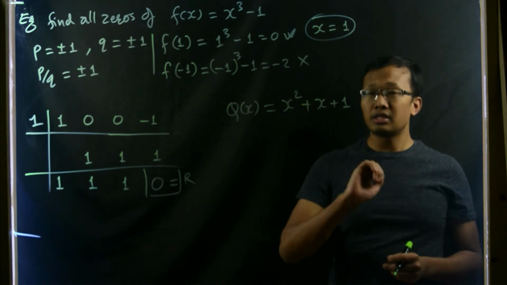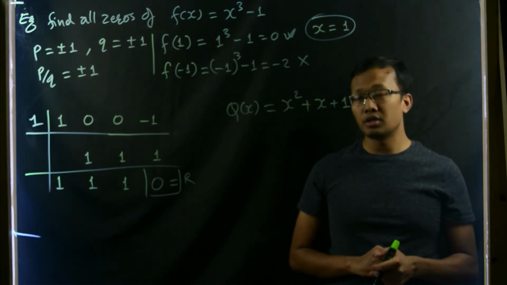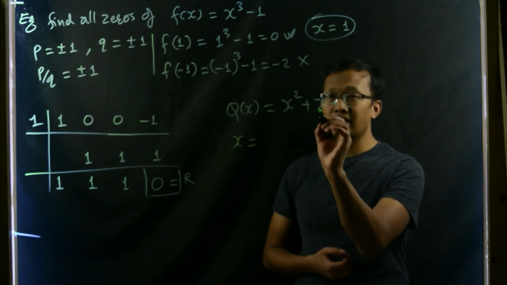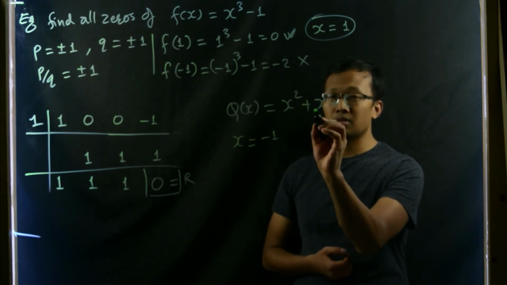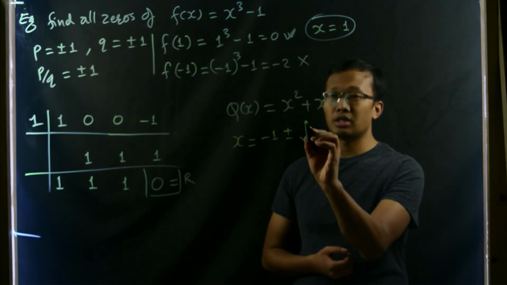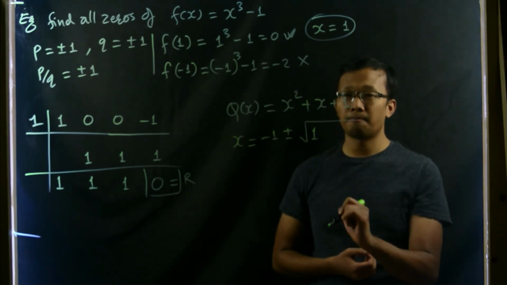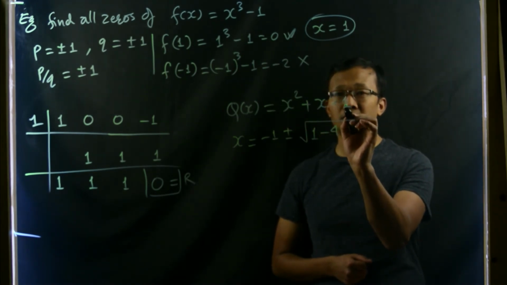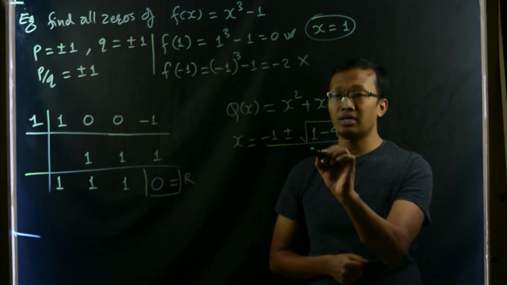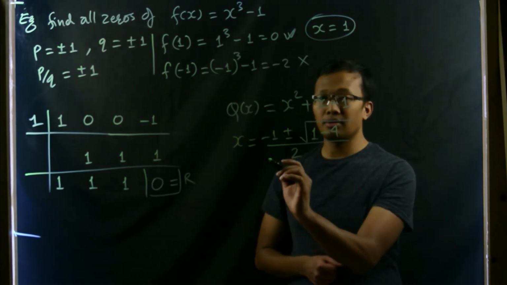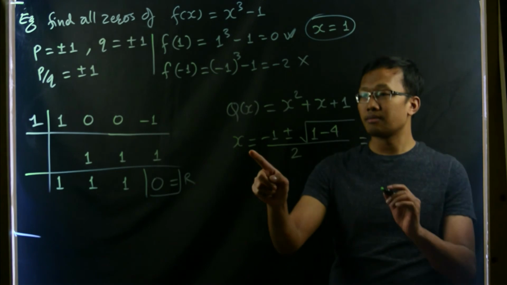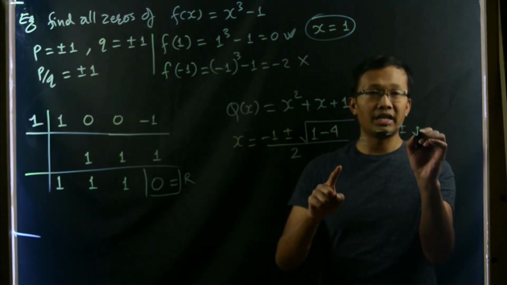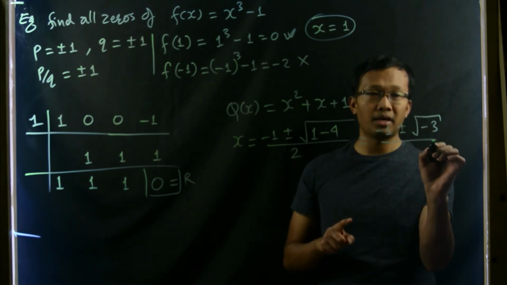Then after we have gotten this, let us use the quadratic formula, which is simply x equals negative b, meaning negative 1 in this case, since b equals 1, plus or minus the root of b squared, which is 1, minus 4ac. a is 1, c is also 1, so 1 minus 4, divided by 2. So that will give us negative 1 plus or minus the root of negative 3, over 2.